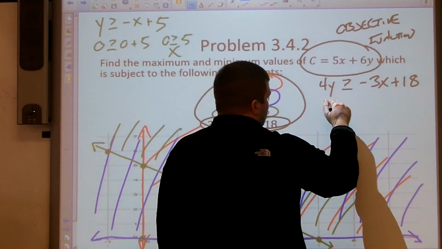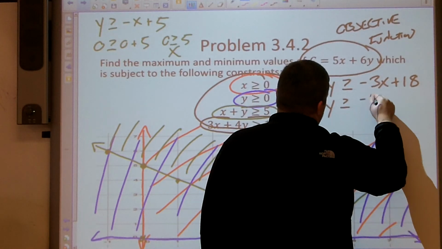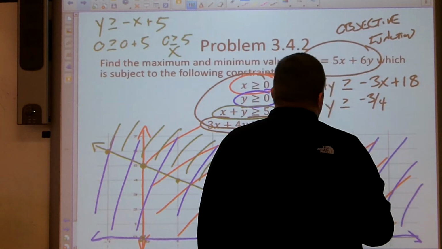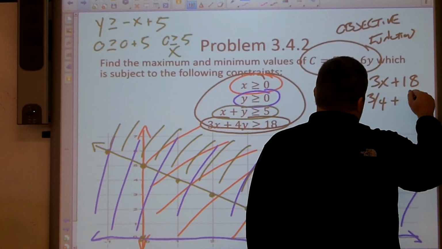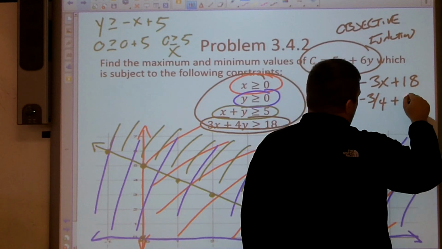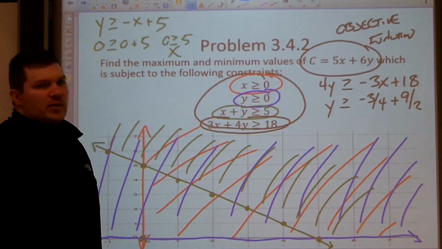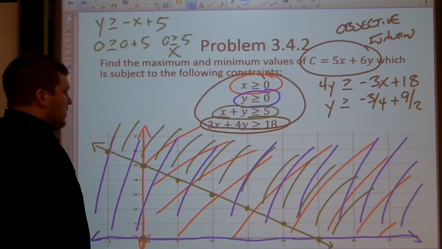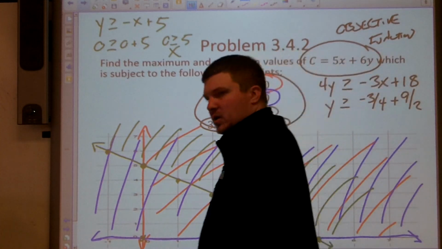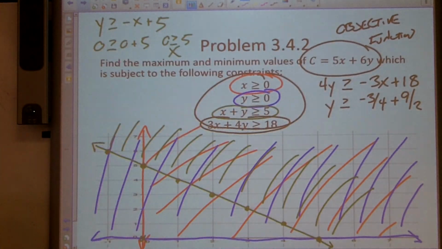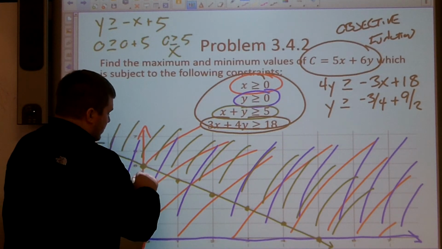Divide both sides by 4, so I have y greater than or equal to negative 3/4 x plus 18 divided by 4, which is 9/2. 9/2 is 4.5, so my y-intercept is going to be somewhere about right here.